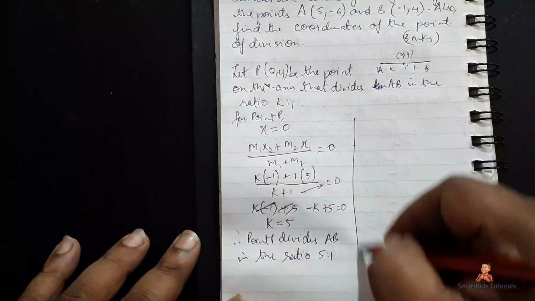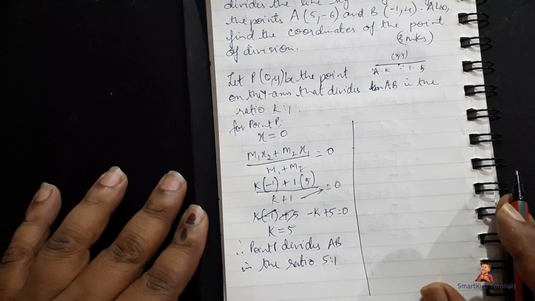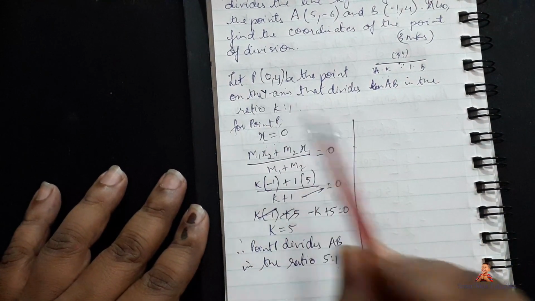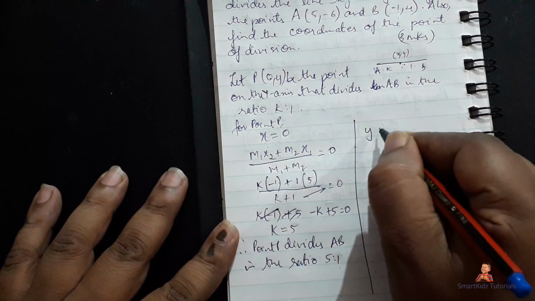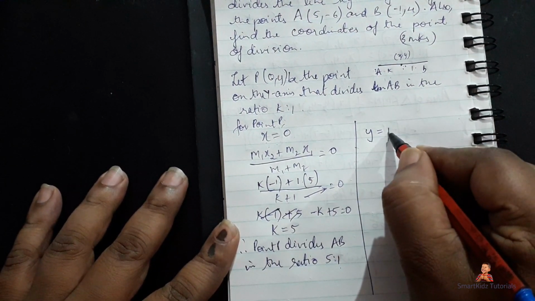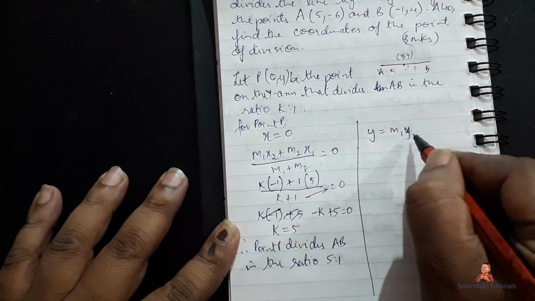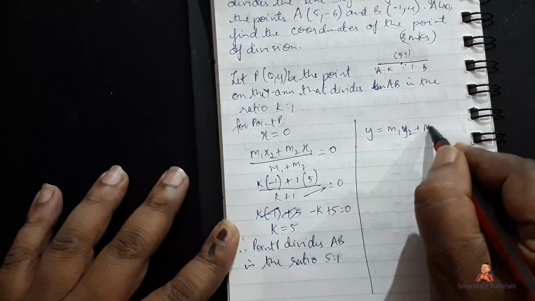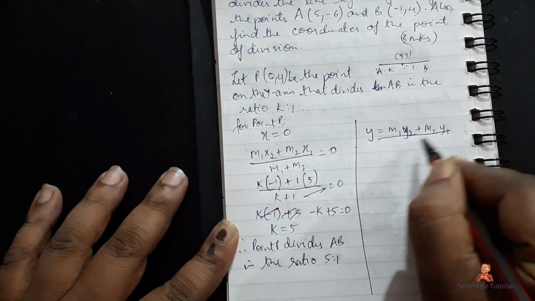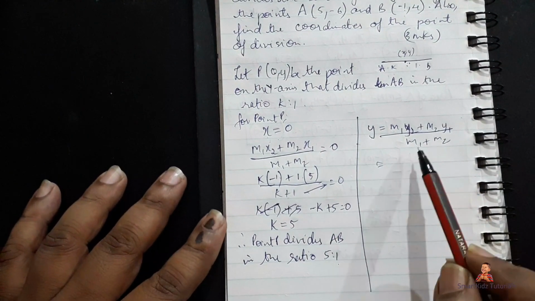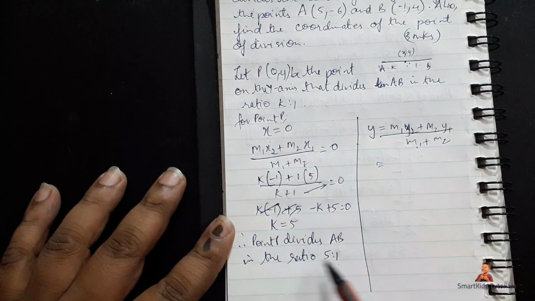I'll put a line over here, so simultaneously I'll solve. Now that we know that, we need to know what is y, so that we get the coordinates of P. So same thing we'll do. y equal to, put the section formula for y, (m1 y2 + m2 y1) upon (m1 + m2). Here we have the advantage, we know what m1 is, that is 5.